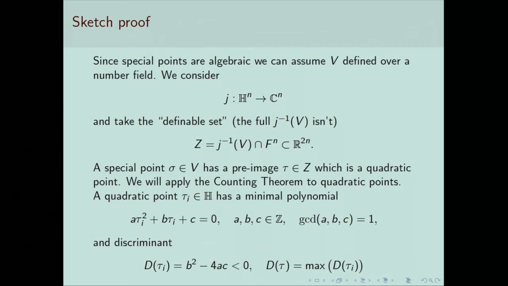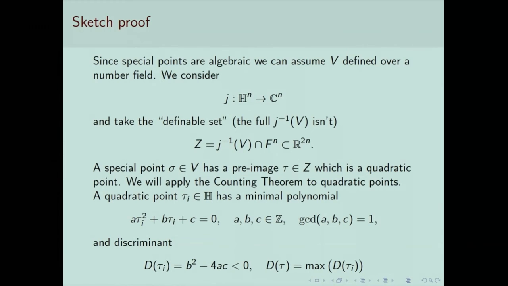And so now, a special point sigma in V has some pre-image in Z, which is a quadratic point, because the special points are the images of quadratic points, and there'll be such a pre-image, of course, in the fundamental domain.